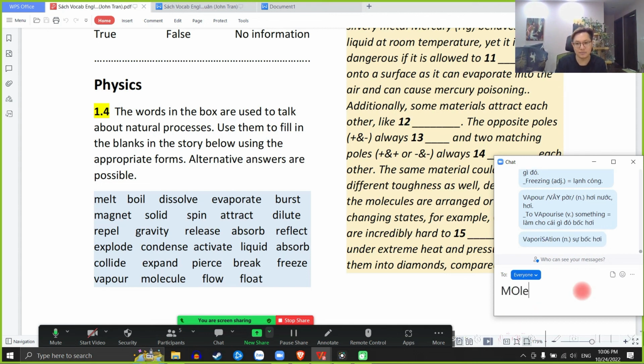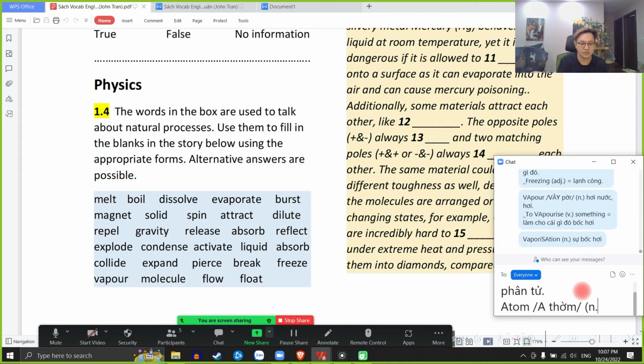Okay, next one is molecule. Molecule là nguyên tử. Còn molecule là phân tử chứ. Nguyên tử là chữ atom.